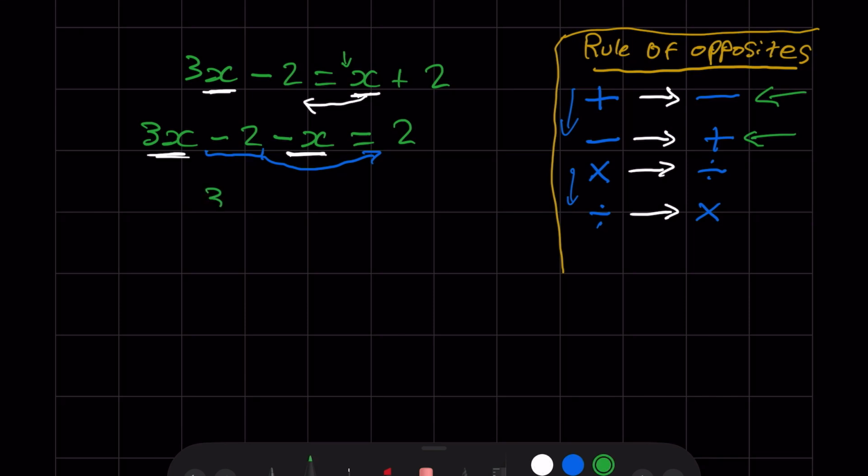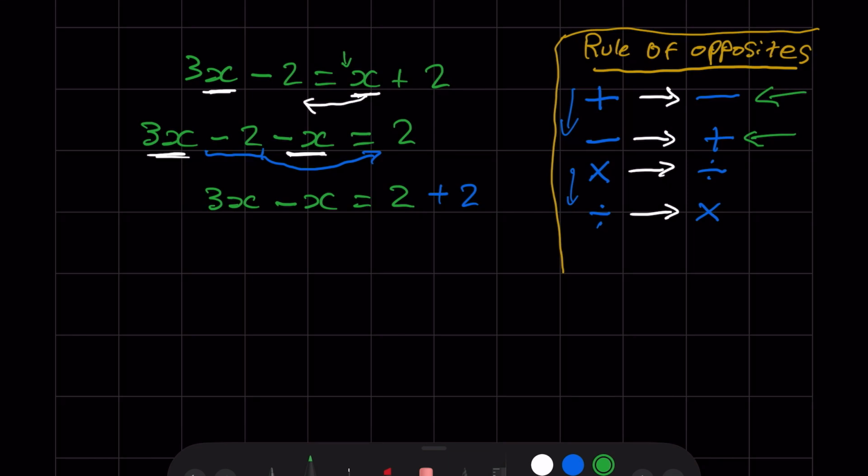So 3x take x equals 2 plus 2. So we've moved that 2 from the left side to the right side. We've got 3x take x on the left, and we've got 2 plus 2 on the right. 3x minus 1x.